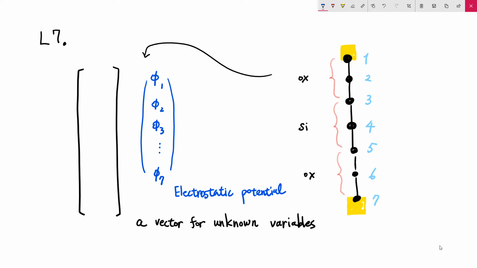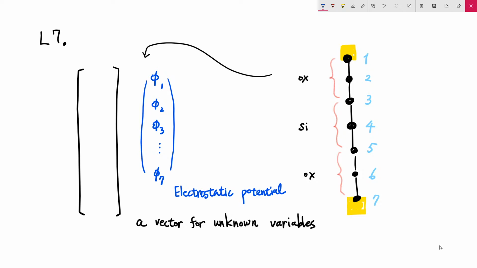So Mr. Han, thank you for your feedback. It means that yes, we will talk about different variables like electrostatic potential, electron density, and hole density. And first, let's consider electrostatic potential.